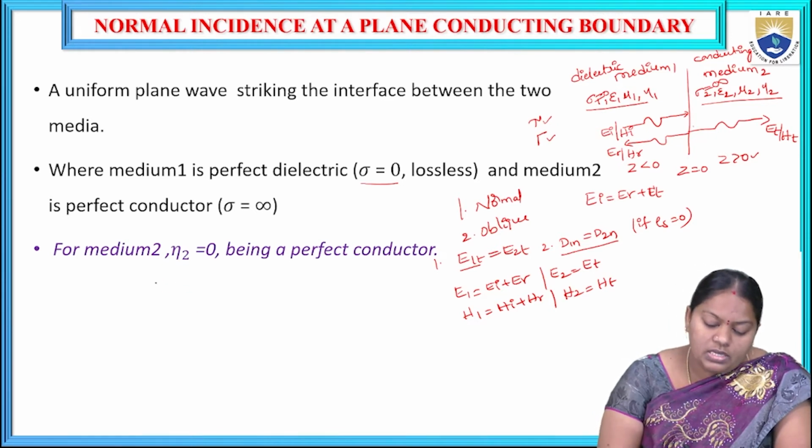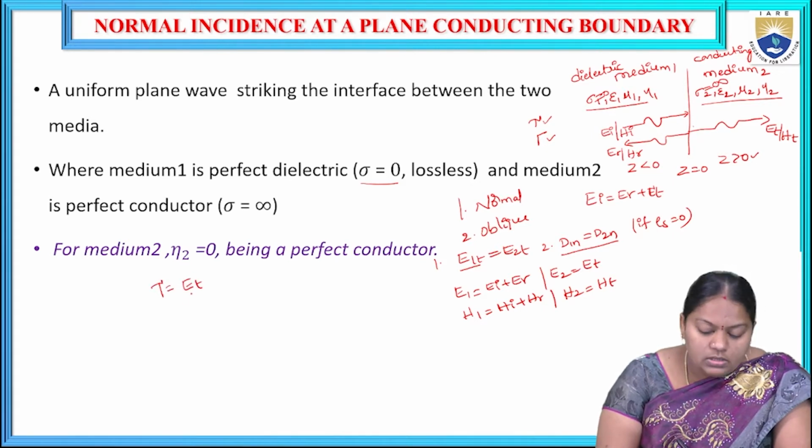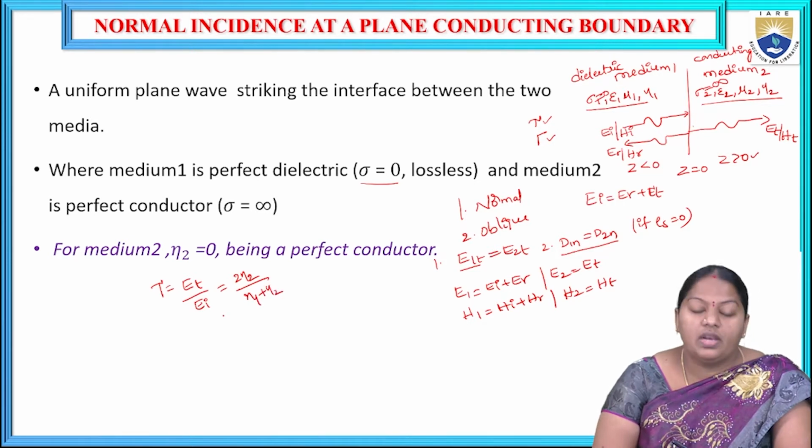Depending upon that, transmission coefficient tau is the ratio of the transmitted electric field intensity to the incident wave, that is ET by EI, which is given by 2 eta 2 by eta 1 plus eta 2, right?